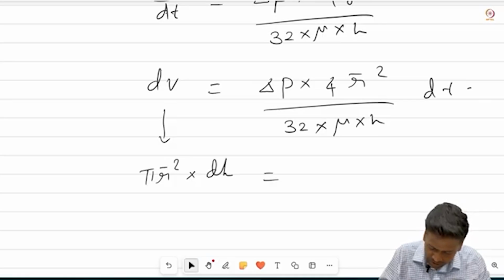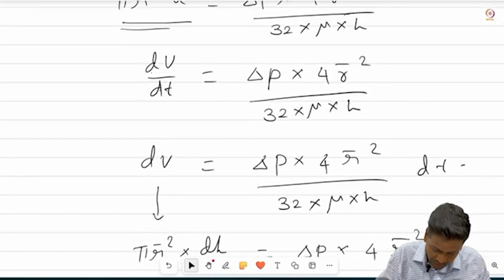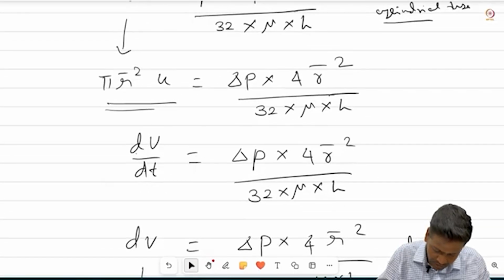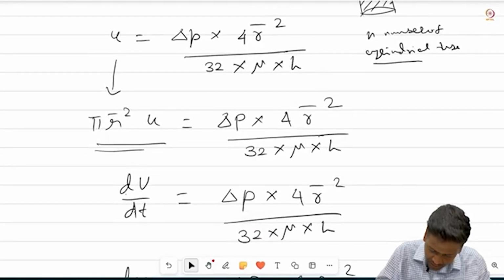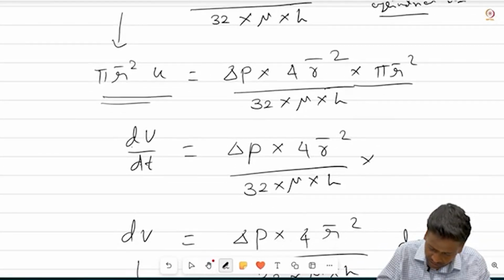Then I can simply write this as delta P into 4R square. I think when we multiply this both sides by area, we have to multiply here as well, which we missed. Kindly correct that, right?